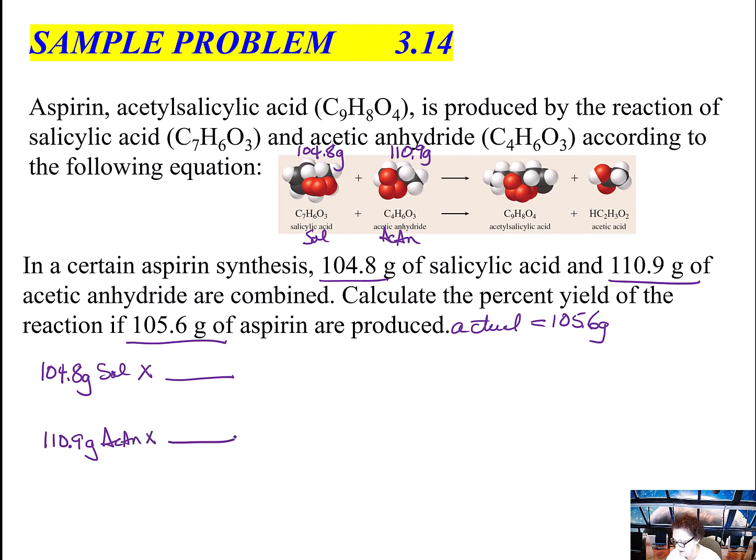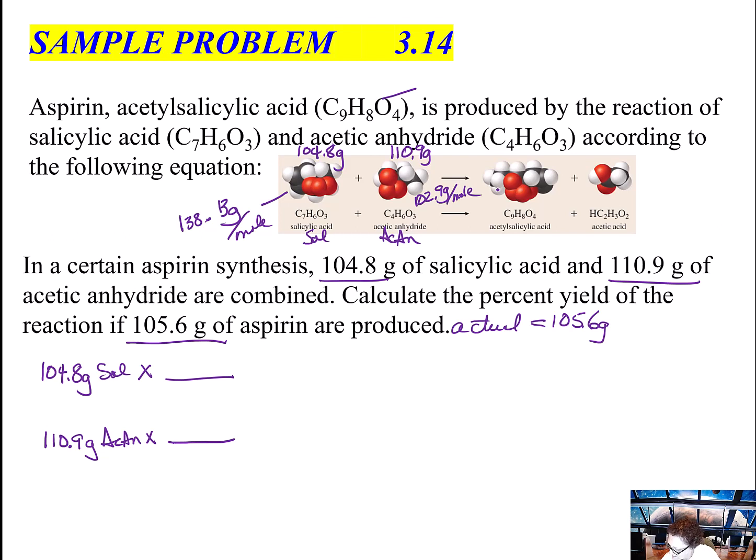All right, now you're going to have to get these numbers. So your salicylic acid is 138.13 grams per mole, and your acetic anhydride is 102.9 grams per mole.